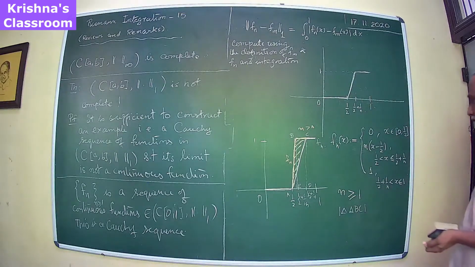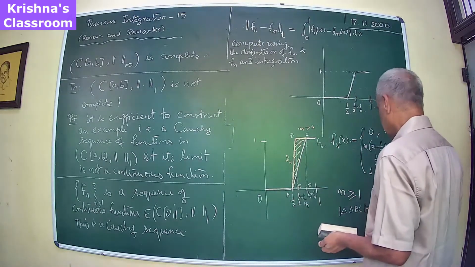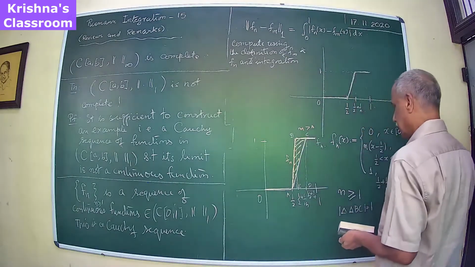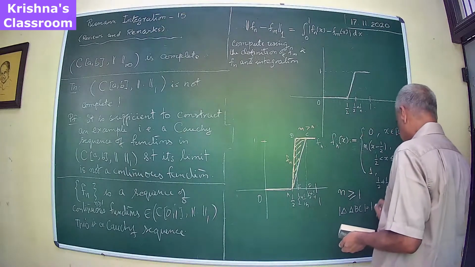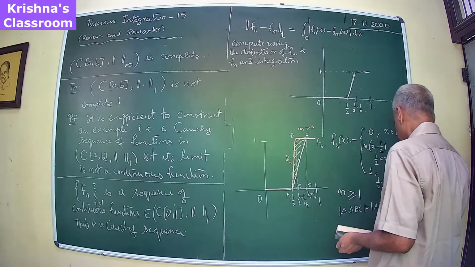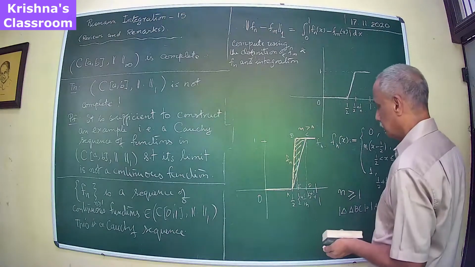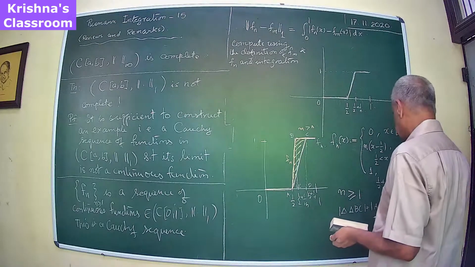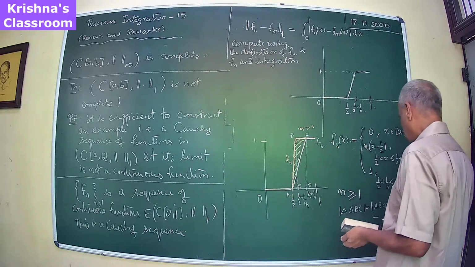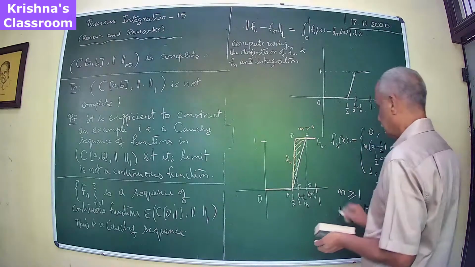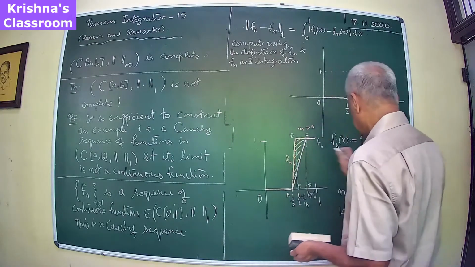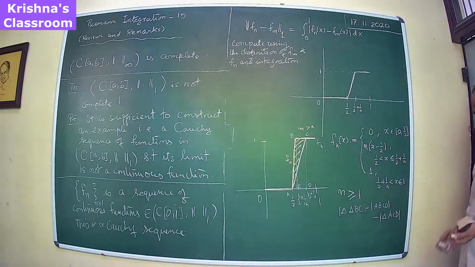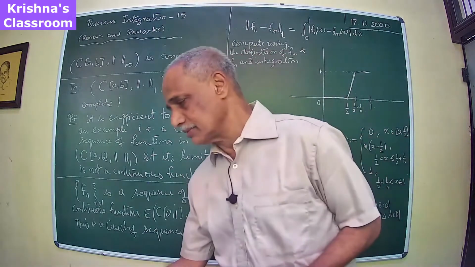This is equal to the area of the region ABCD minus the area of the triangle ACB. Just you calculate, and that's quite easy to calculate.